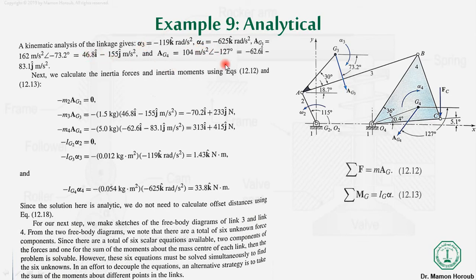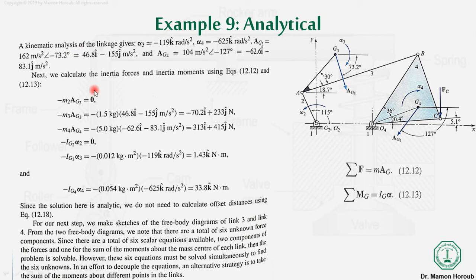Similarly, we can find the value of acceleration ag3, and we can also calculate the value of acceleration ag4. So we will not discuss the kinematic analysis, and we will not do it over here.